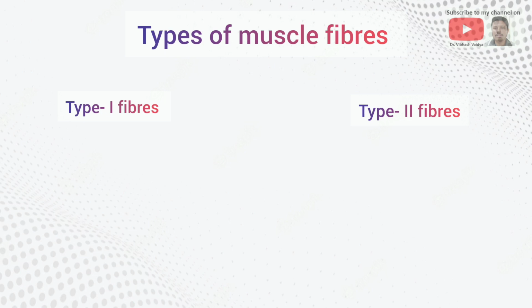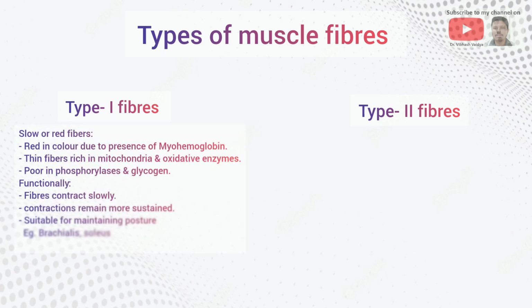The type 1 fibers are red in color due to the presence of myoglobin, and they are thin fibers, rich in mitochondria and oxidative enzymes but poor in phosphorylase and glycogen. Functionally, the type 1 fibers contract slowly, and their contraction remains more sustained. The type 1 fibers are suitable for maintaining posture, like the brachialis and soleus muscles.